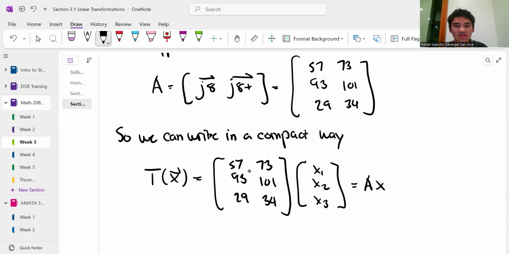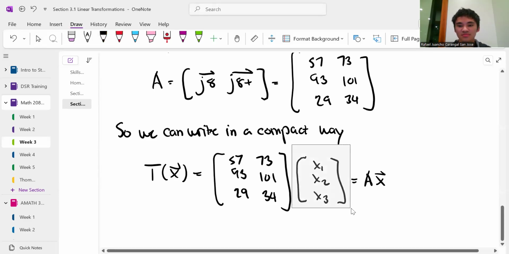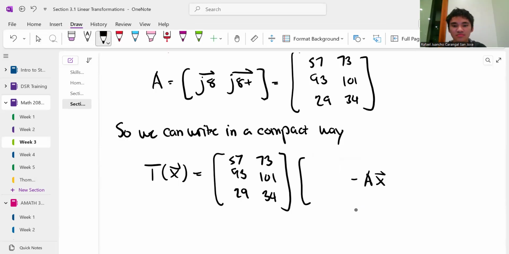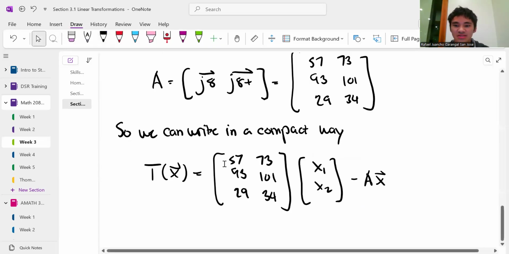We just say this is Ax. The number of columns has to be equal to the number of rows in the vector in this case.